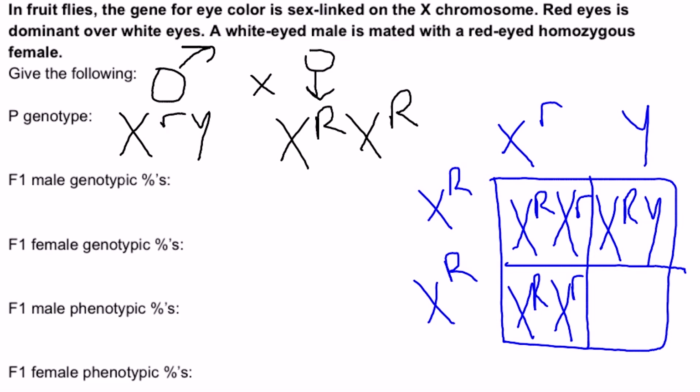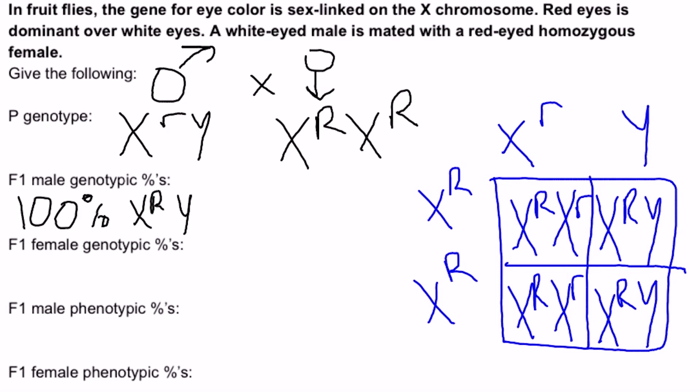As you can see here, it asks you for the F1 male genotype, F1 female genotype, and the same with the phenotypes. So for the F1 male genotype, you're going to look at the Y column because only Ys make the offspring male. So you're going to have 100% X with a large R and Y because that's right there.